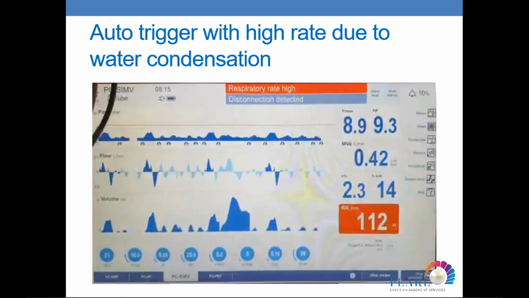And please, this is very serious. Why? Why should you not allow this to happen? If the ventilator is giving unnecessary rate, there will be washing of CO2.